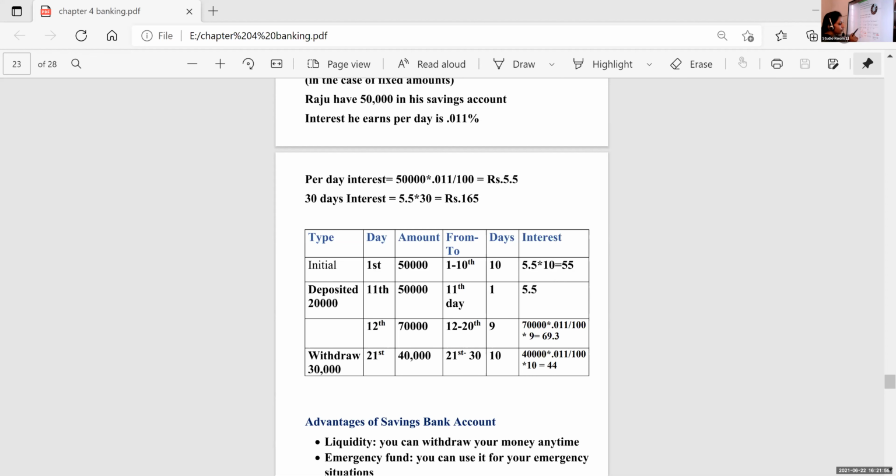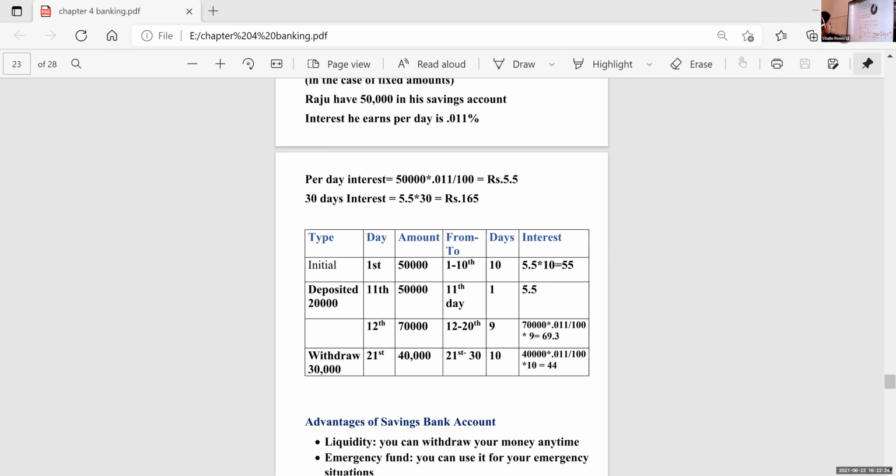70,000 into 0.011 divided by 100 into 9 days. One day's interest into 9 days will give you the amount 69.3. So the balance was 70,000 till then.